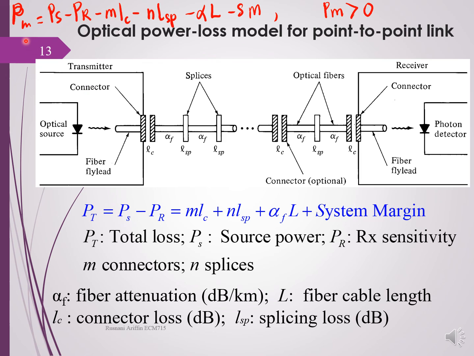The equation for power margin is: power margin equals power source minus power received minus the connector loss minus the splice loss minus the fiber attenuation minus the system margin. Please use this formula to ensure whether your design or your link is viable or not.